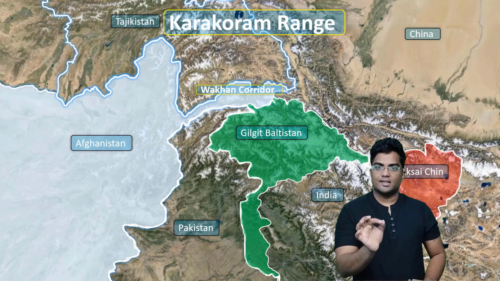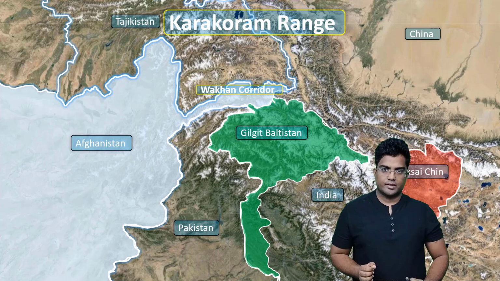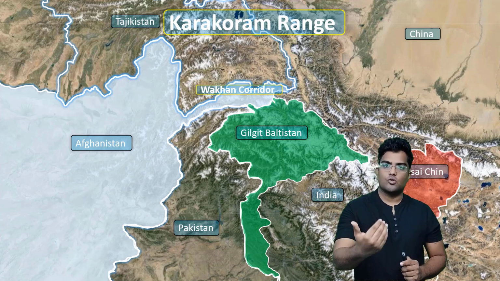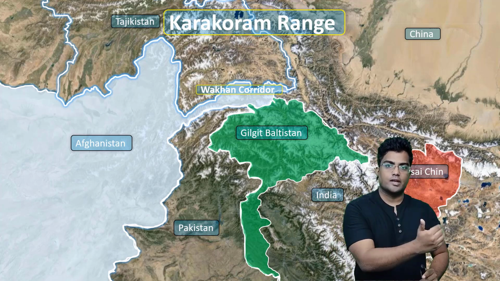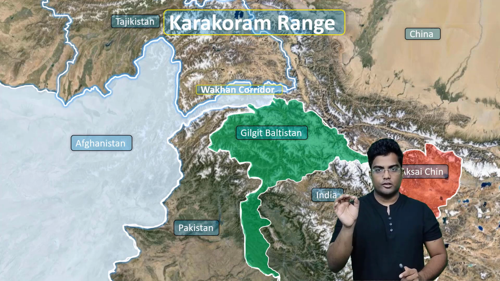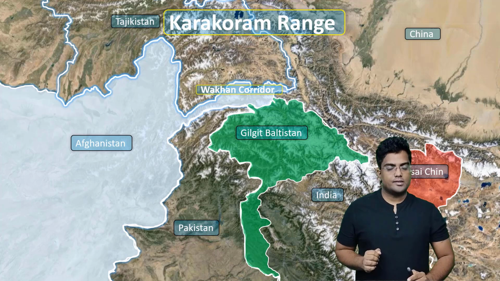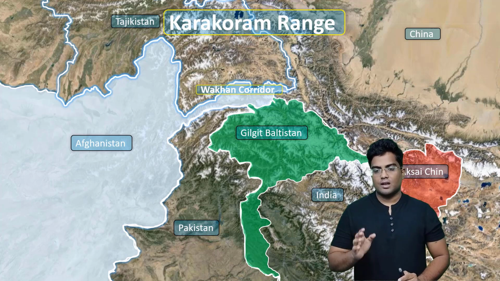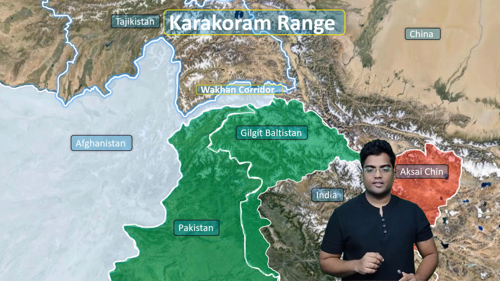In green is Gilgit-Baltistan, which is located in Pakistan, right? It's not in India. Indian authorities don't have access or administration in Gilgit-Baltistan or Aksai Chin. Pakistan controls Gilgit-Baltistan. Aksai Chin is controlled by China. It's sad, but that's the truth. So essentially, Gilgit-Baltistan is part of Pakistan, right?